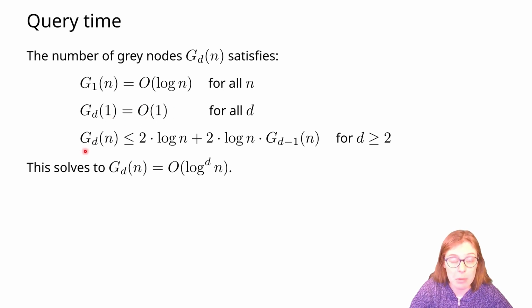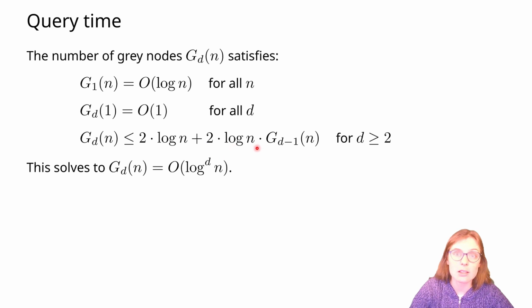And on the d-dimensional range tree built on n points, the number of gray nodes is at most 2 times log of n, so the nodes that lie on the two search paths, plus the 2 log n times the time it takes to query a d minus 1 dimensional range tree, which is the associated structure.